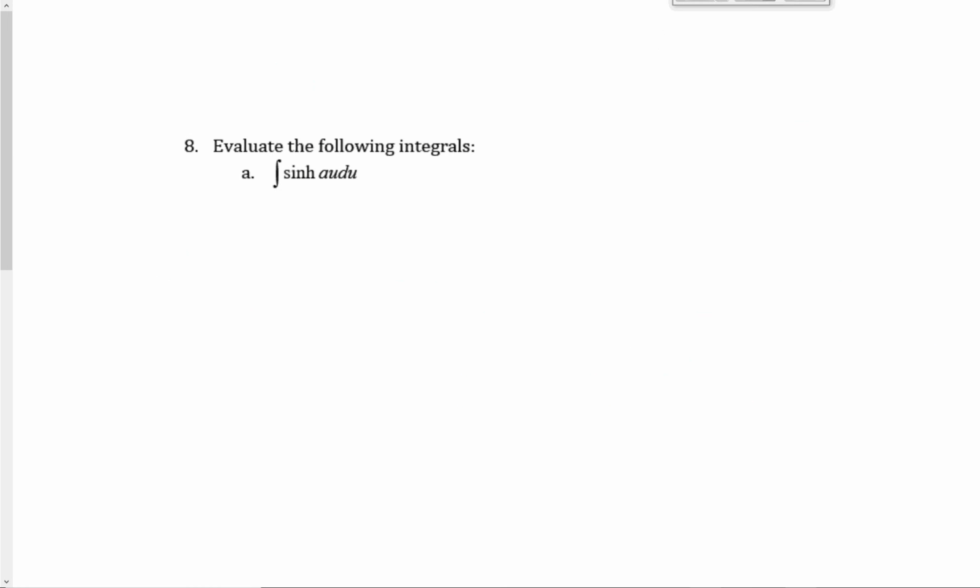So now we're taking the integrals, right? Anytime we take integrals, this du part, so dx, dt, du, is telling us what we're doing it in terms of. So we're actually doing it in terms of u, but this has an a in front of it. A is just a constant, any constant.